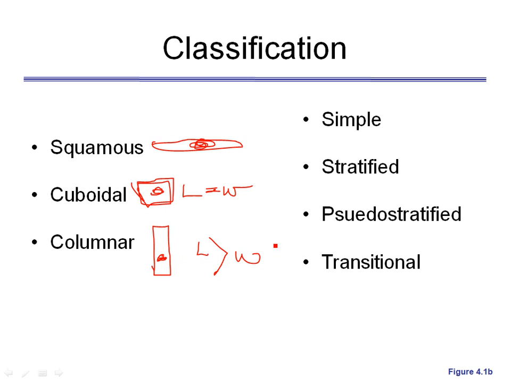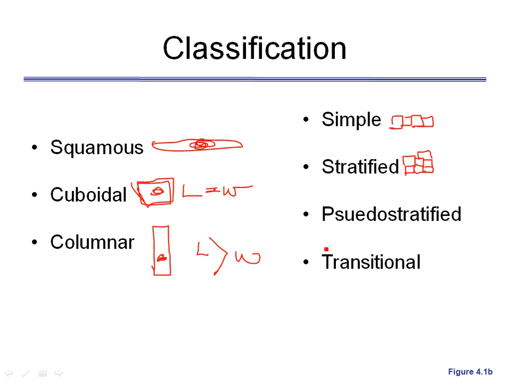So those are the 3 shapes. Each of those shapes will be found in one of the following arrangements. If I have one layer, that is simple. If I have 2 or more layers, don't even need to count them, just 2 or more, that's stratified.